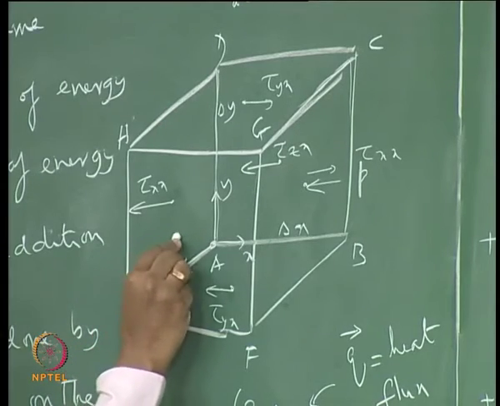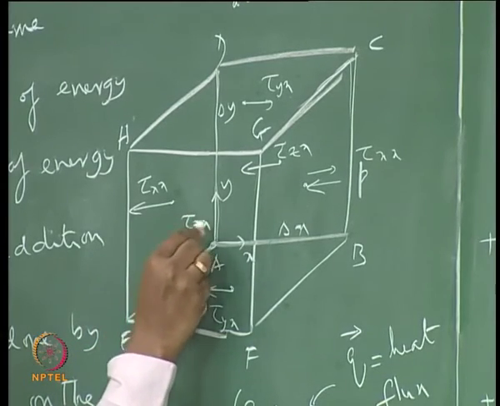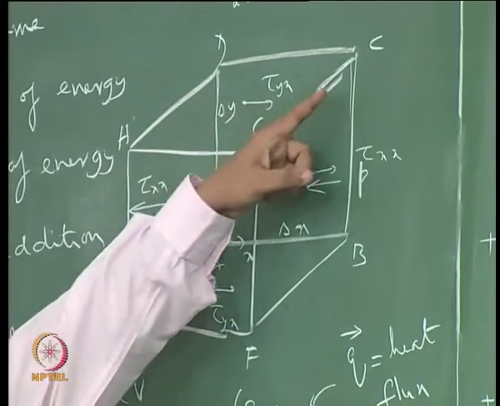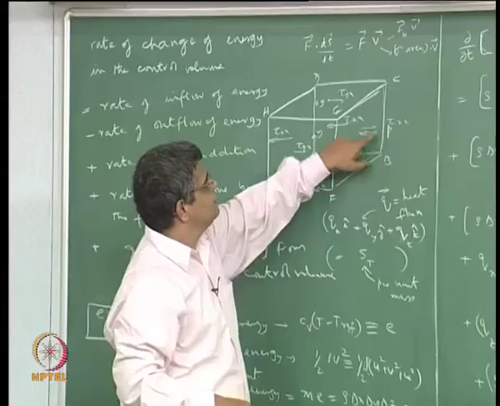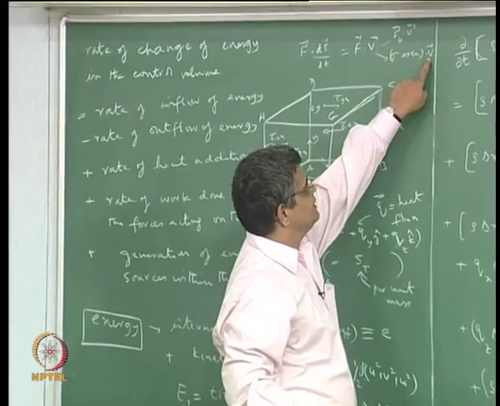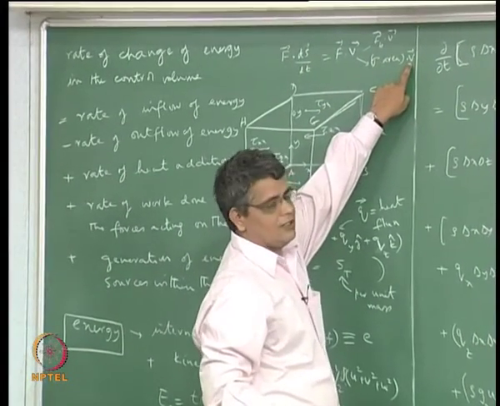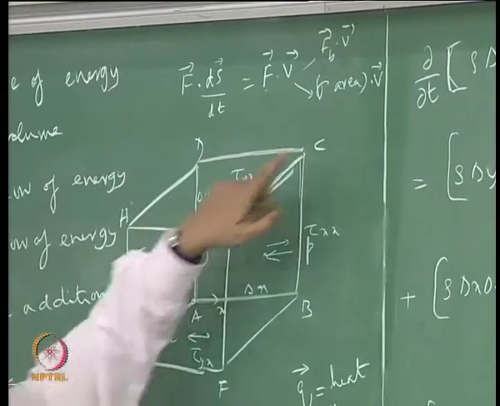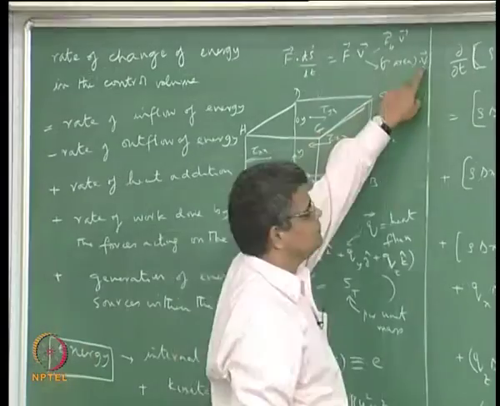On the front face we have tau zx acting in the positive x direction. So each of these stresses has to be multiplied by the appropriate area, and we have to take the corresponding velocity component, and since all of them are acting in the x direction, the velocity component here will be u.